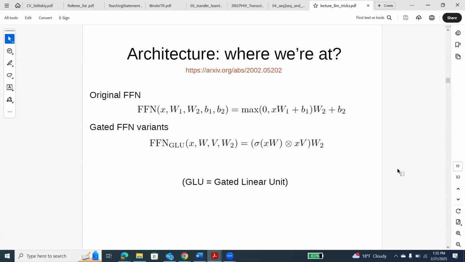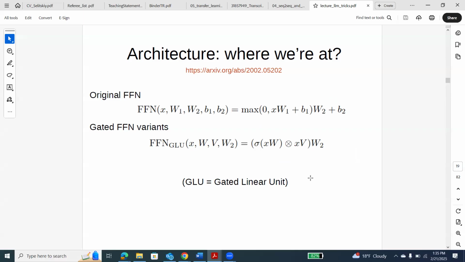People also noticed that if we add some nonlinearity to this feed-forward linear layer, then it will perform like a gating mechanism, like a sigmoid, for example, between 0 and 1. It means that it will drop some neurons in this feed-forward layer, and they call this a gated linear unit.